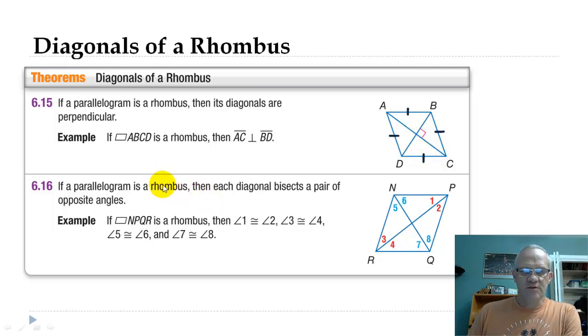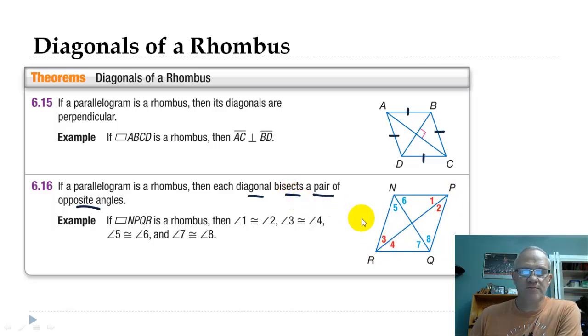The third one on the list was that the diagonal bisects a pair of opposite angles. What that means is, if you look at this one, here's our diagonal PR. Remember that in parallelograms the opposite angles are congruent, so this whole entire angle R and this whole entire angle P are congruent to each other. In a rhombus, this diagonal splits those in half, exactly in half.